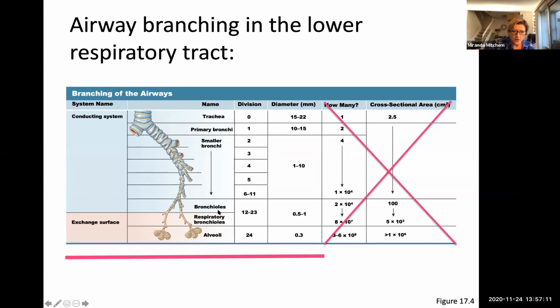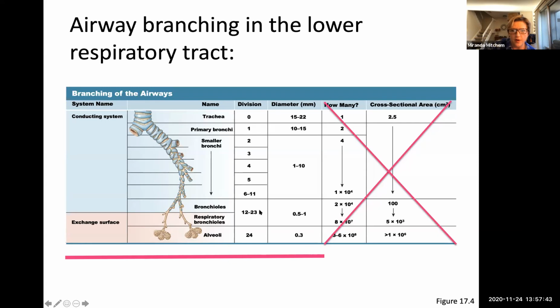Our bronchioles, we can divide into two categories, but they're the same structure. We have bronchioles that are within the conducting system, and then we've got bronchioles that are associated with the exchange surfaces as well.